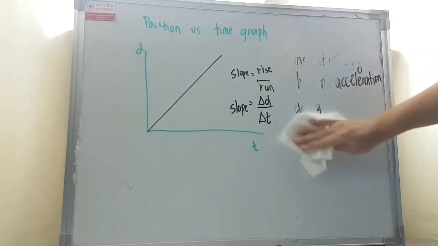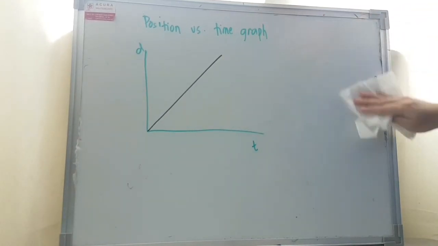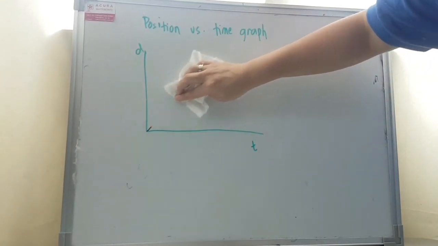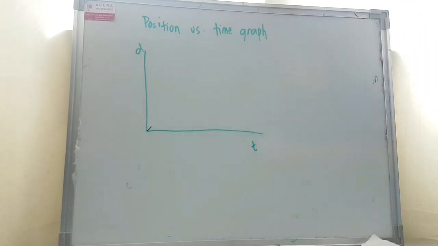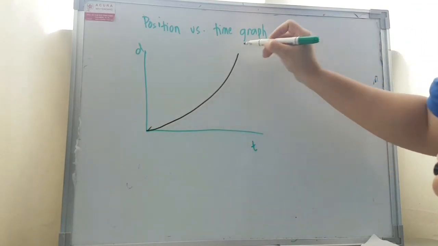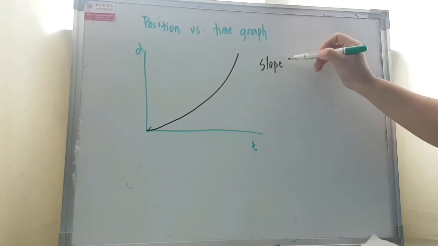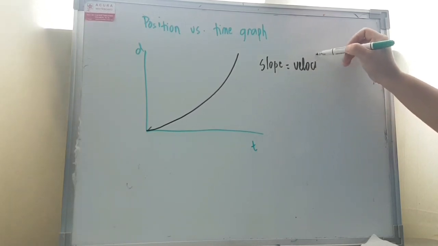Let's take a look at another graph. So we were also able to get a graph like this one, where it's a parabola. Now again, as I have mentioned, slope is equal to the velocity.